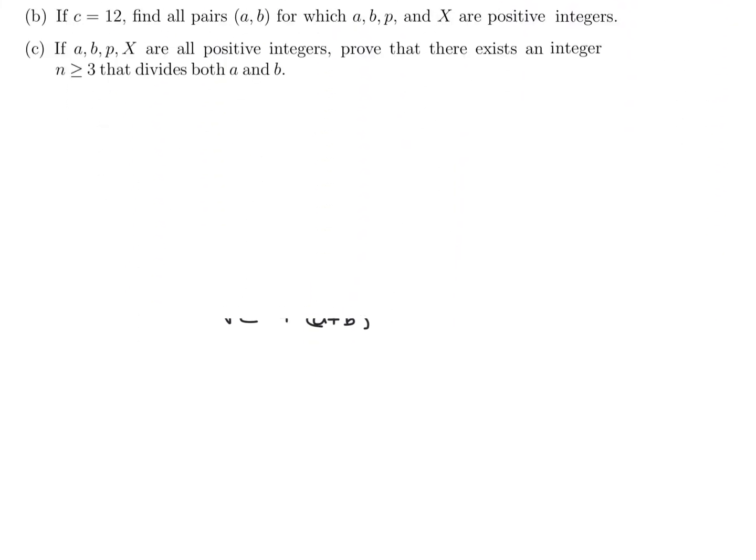If C is equal to 12, find all pairs (A, B) for which A, B, P, and X are positive integers. All right. So we will give A plus B a value, and I'll call it n. And we know that X is equal to the square root of C squared plus (A plus B) squared, right?